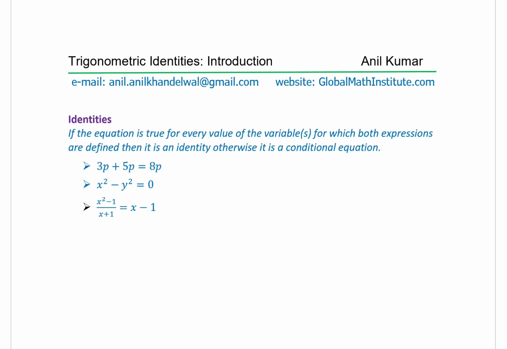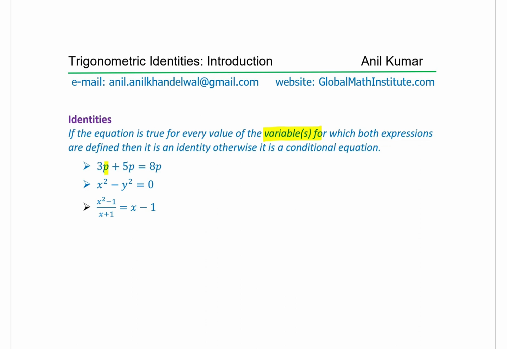Here I've written the definition of identities. If the equation is true for every value of the variables for which both expressions are defined, then it is an identity. Otherwise, it is a conditional equation. Now, once again, getting back to a few more technical terms: variables.